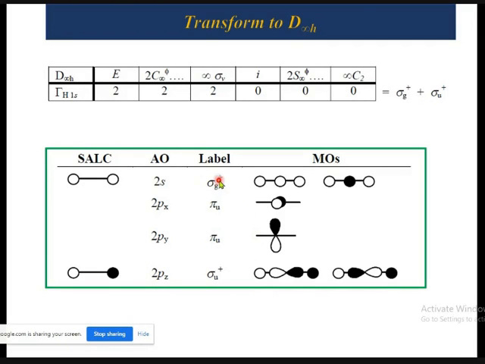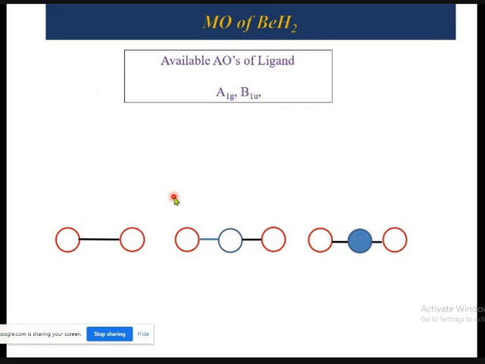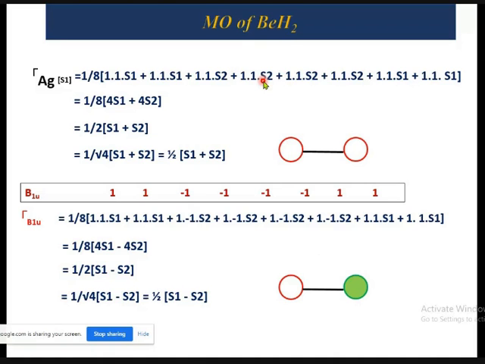So what we can do, this px and py are going to act as non-bonding. Okay, let us make the MO diagram first. Now, the available atomic orbitals of the ligand you have calculated are A1g and B1u, right? Or you can say sigma g plus and sigma u plus, I guess, for D infinity h.